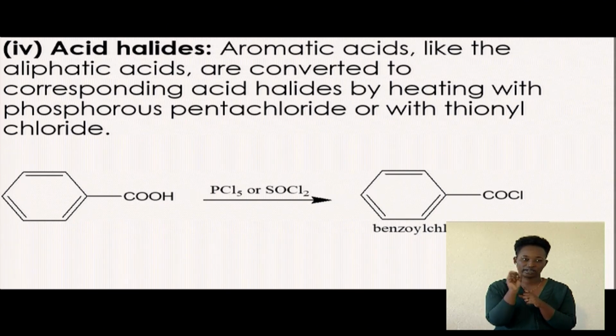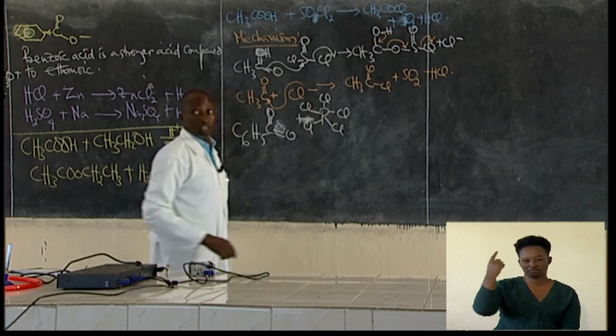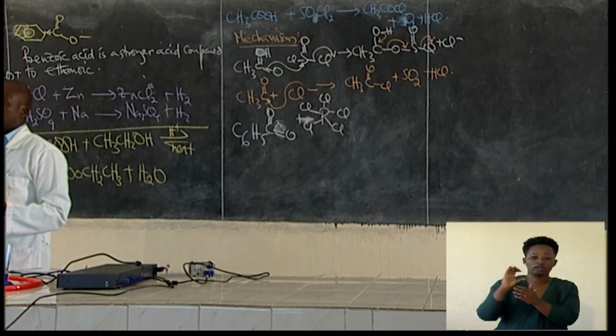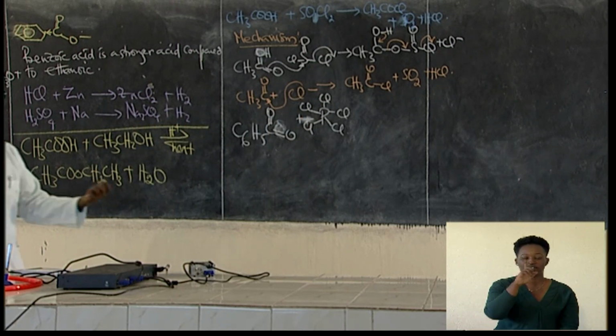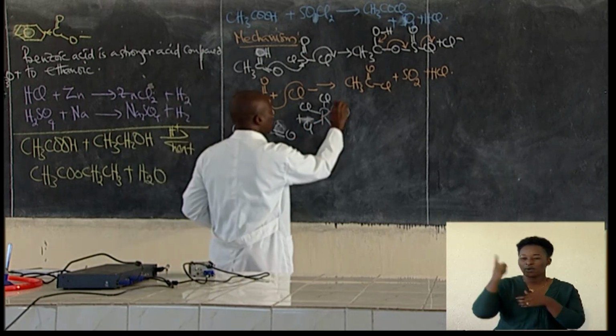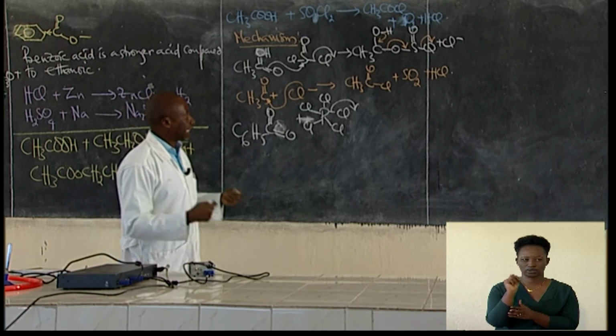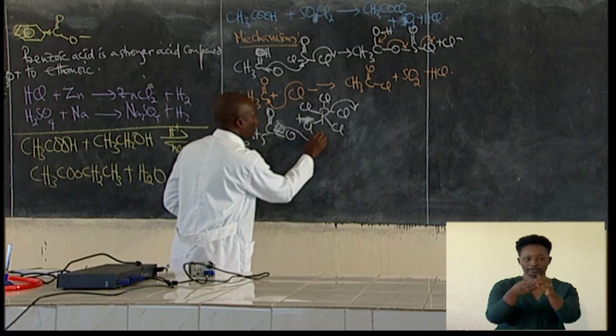C6, let me use benzoic acid. The hydrogen, you have the double bond, then you have the phosphorus pentachloride. So there are 5 chlorides, 1, 2, 3, 4, and 5. Each of these chlorides is pulling the electrons towards itself. If they are pulling the electrons towards themselves, what happens? If this one is moving because of the electronegativity, the high negative inductive effect, the same happens.